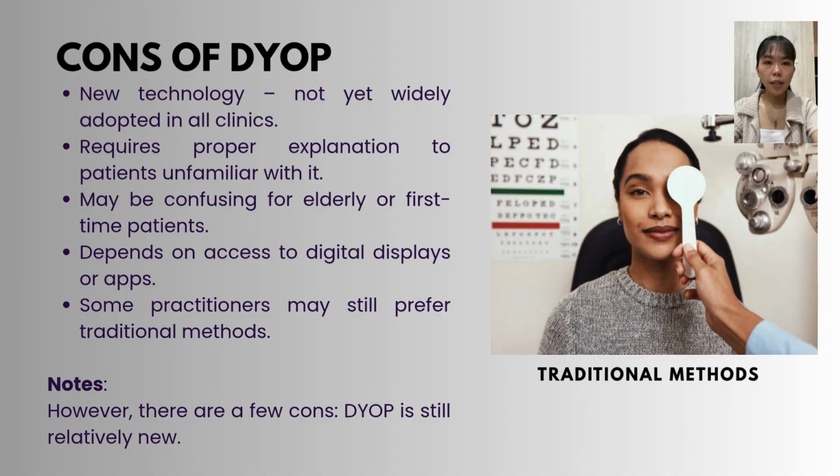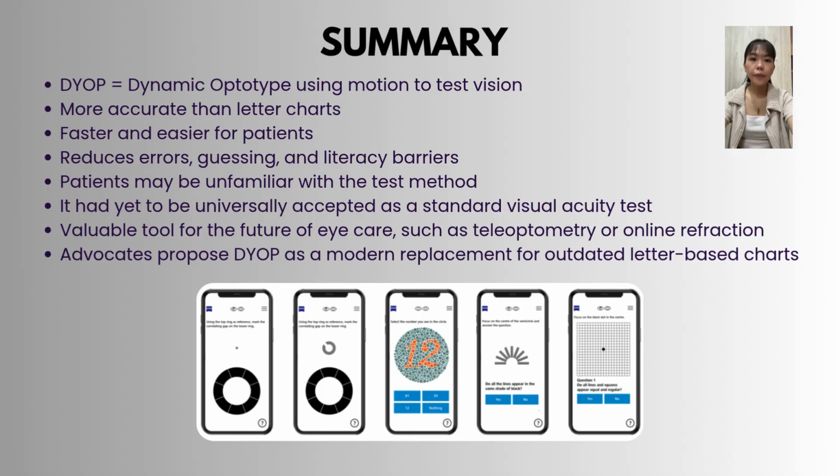It requires a digital screen or apps, so it may not be suitable for all environments, especially areas which have limited access to internet and electricity. Some optometrists still prefer traditional charts, which they are more familiar with, but as technology becomes more common, these barriers will reduce eventually.